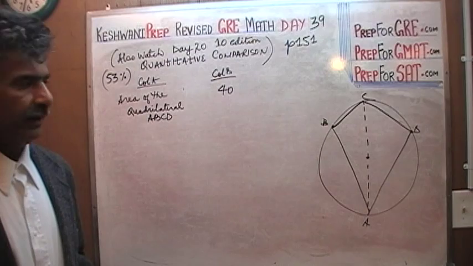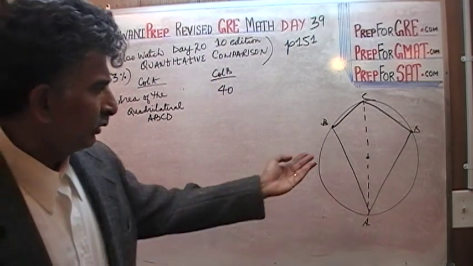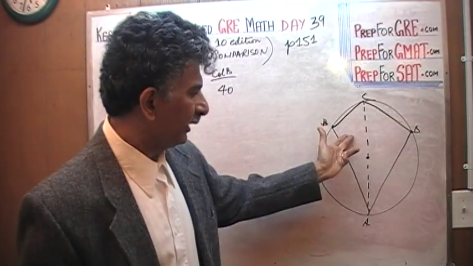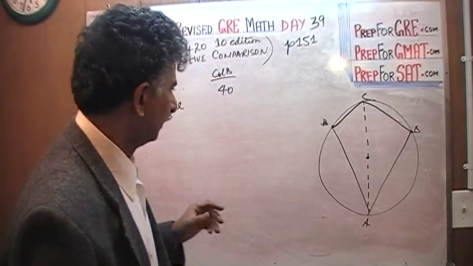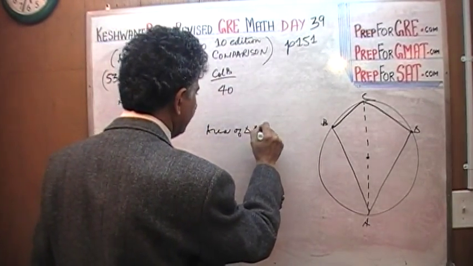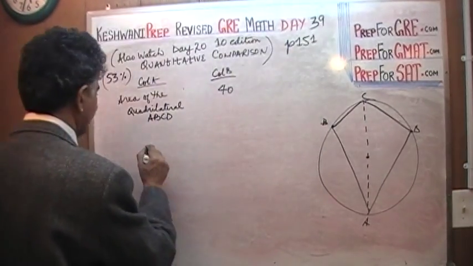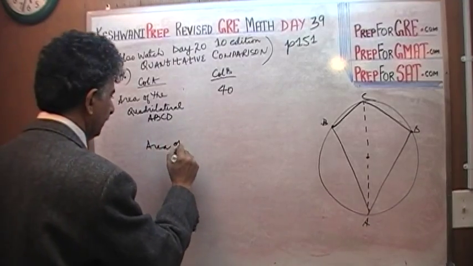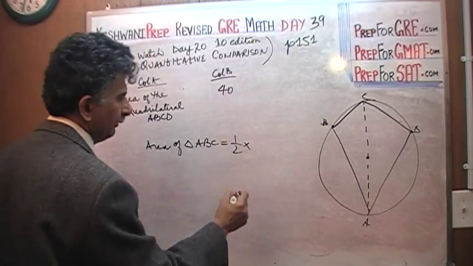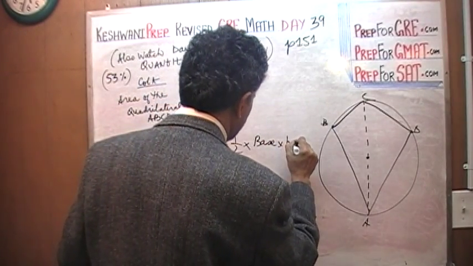Well, in order to find out the area of this quadrilateral, there are a couple of ways you can do that. One way is to actually break it up into two halves like we just did here. A, B, C is one triangle and A, C, D is the other triangle. The area of triangle ABC is simply 1/2 base, which is A to C, times height.